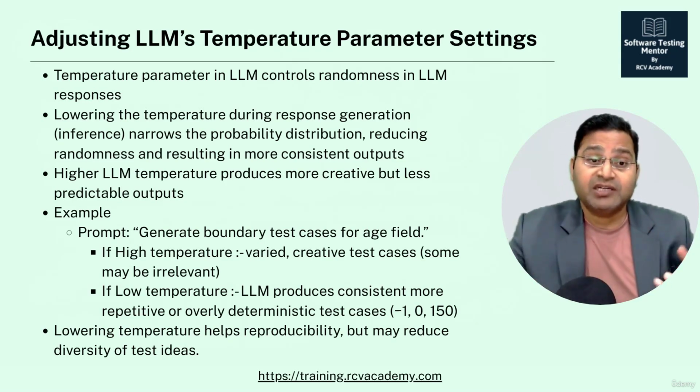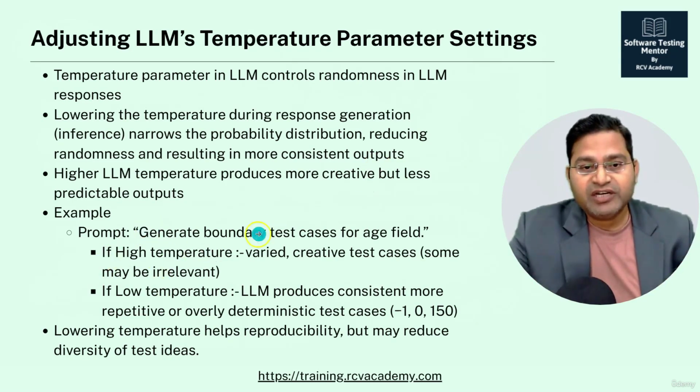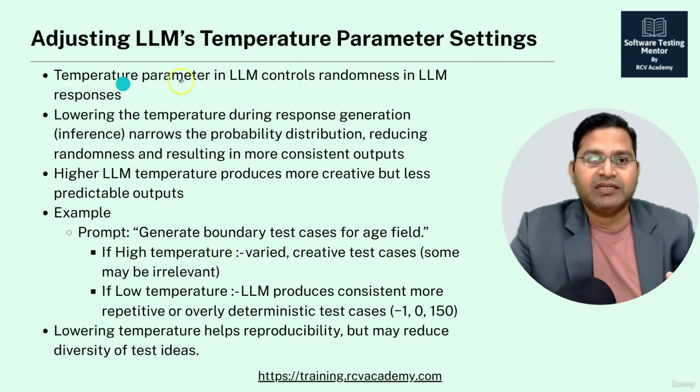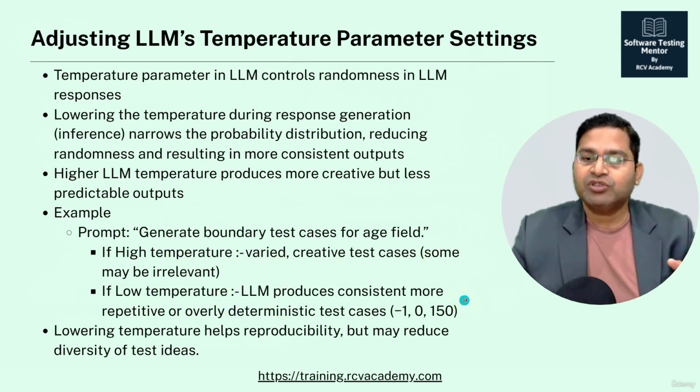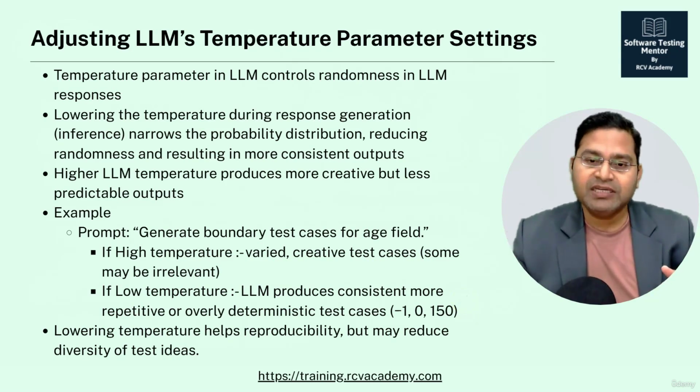but less predictable. For example, if you say generate boundary test cases for an age field, and a high temperature parameter is set, then you will see varied and creative test cases. Some may be irrelevant as well. But if it is low, the LLM will produce consistent, more repetitive or overly deterministic test cases.